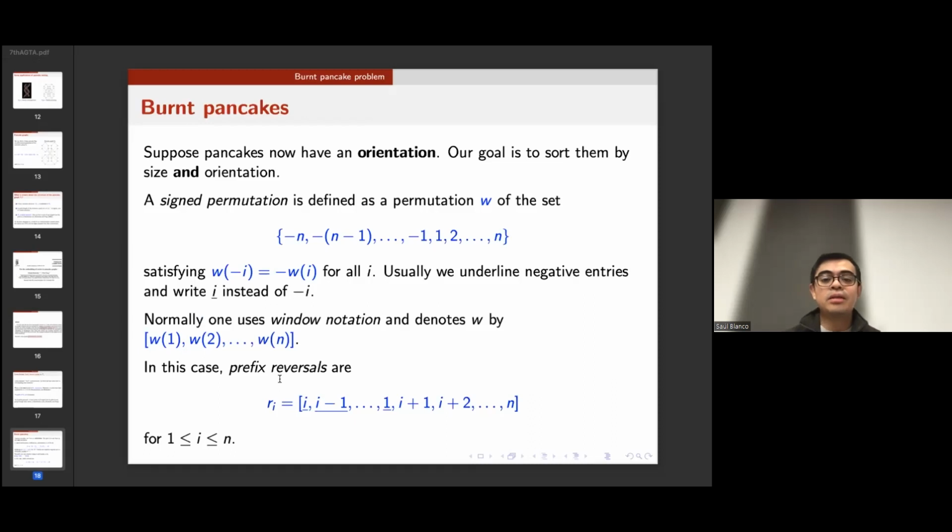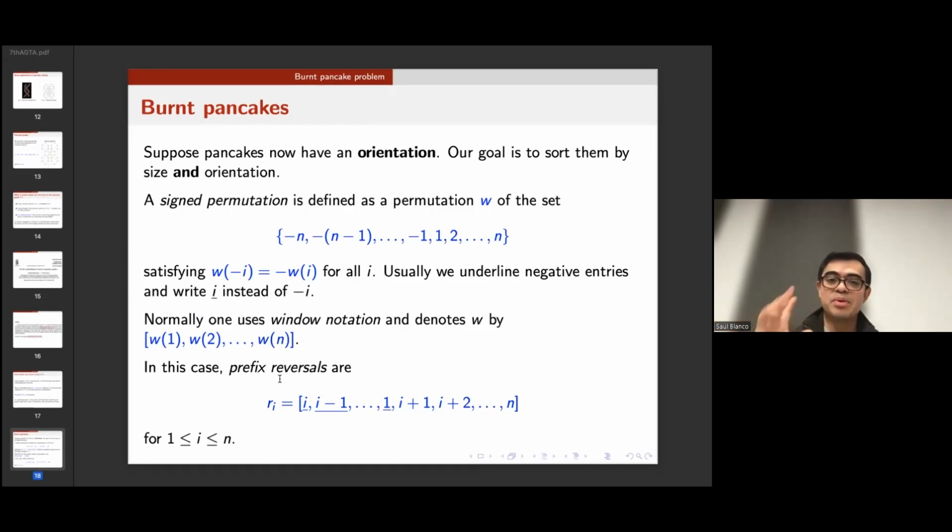So in the 1979 paper where Gates and Papadimitriou gave the first non-trivial bound that I mentioned, the 1.666, they also presented another problem, which is called the burnt pancake problem. So in this particular case, the setup is that the pancakes, not only do they have different sizes, but each pancake has an orientation.